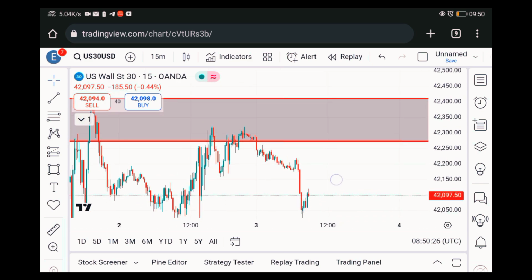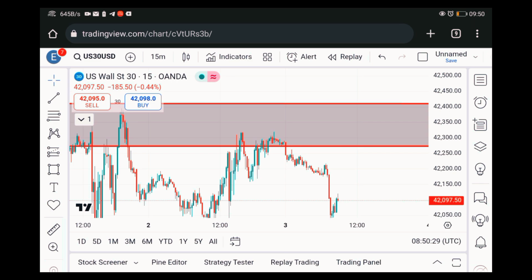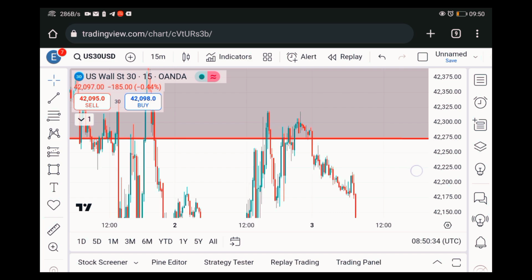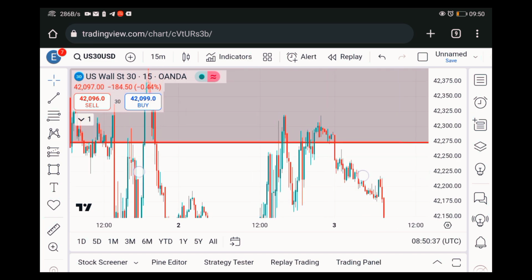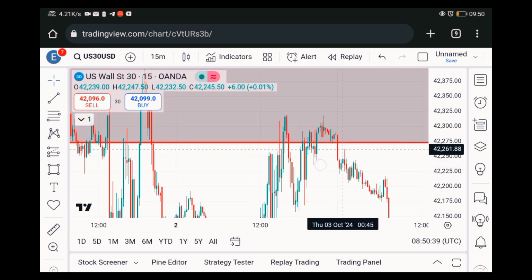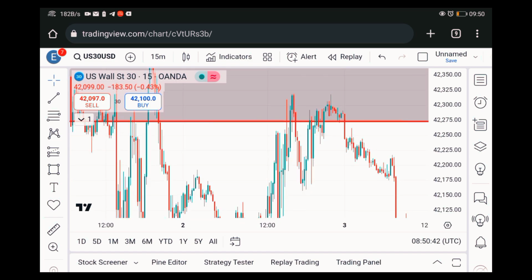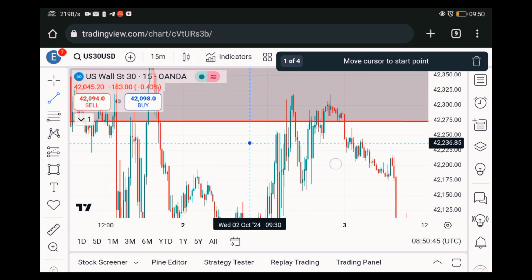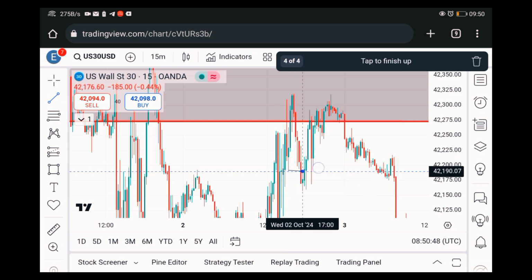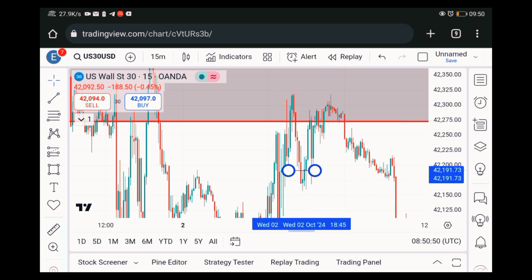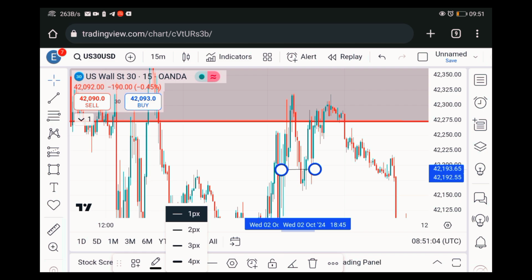At this point, I was losing out because the London session, which I was waiting for this to play out, was already over, and then we came into the New York session. In the New York session, there was a break of structure, but before the market got to the very point where this structure shifted, it wasn't in my New York session anymore.